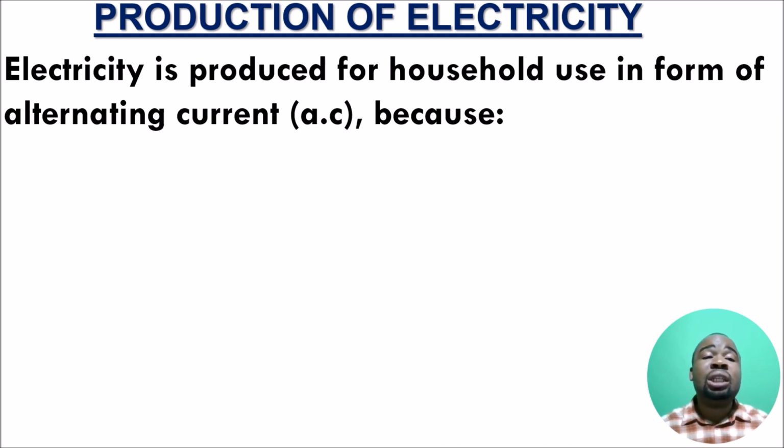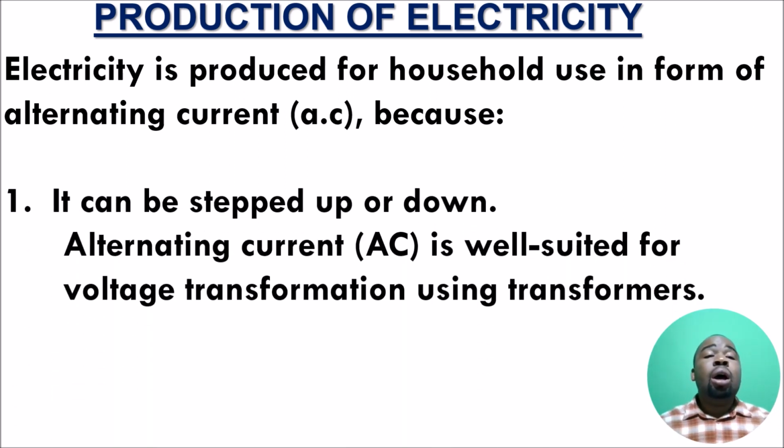The first thing we need to understand is AC, alternating current, can be stepped up or down, but DC cannot be stepped up or down. So the major reason we make electricity in form of AC and not DC is the concept of stepping up and stepping down.